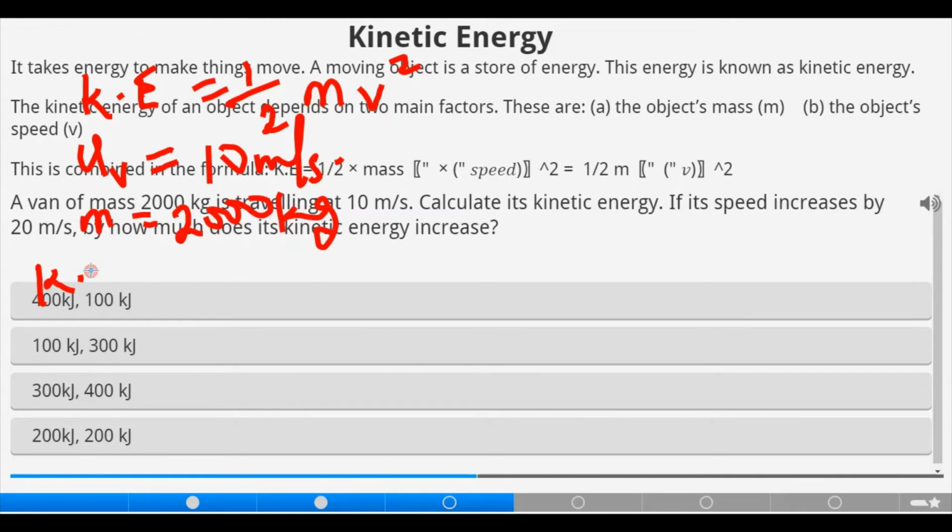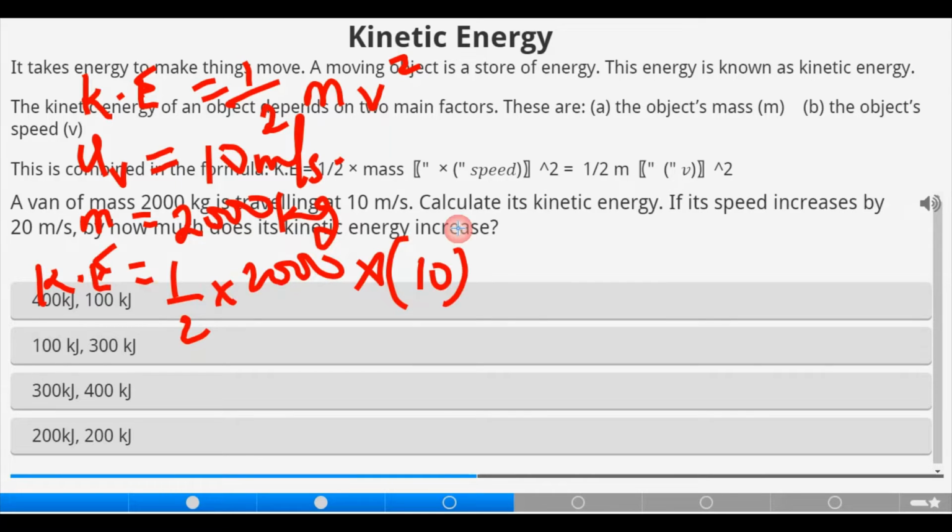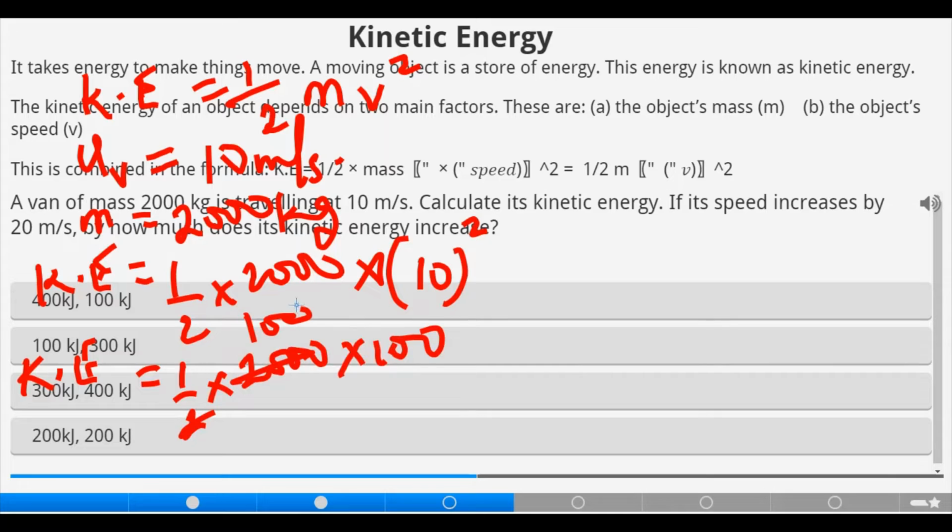So let's see what the kinetic energy will be. That's half times 2,000 times velocity squared. That's 10 squared. 10 squared will give us 100. So we have kinetic energy is equal to half times 2,000 times 100. Half of 2,000 is 1,000.